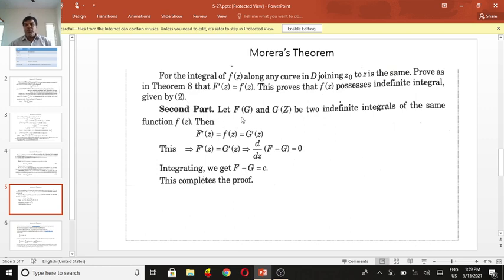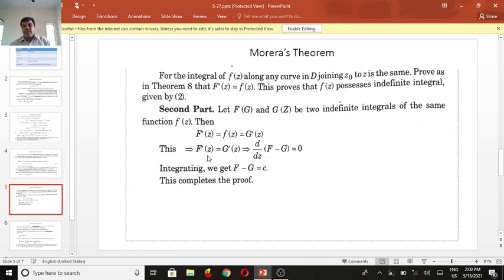The second part: let F of z and G of z be two indefinite integrals of the same function f of z. Then the derivative of F of z equals f of z, which equals the derivative of G of z.